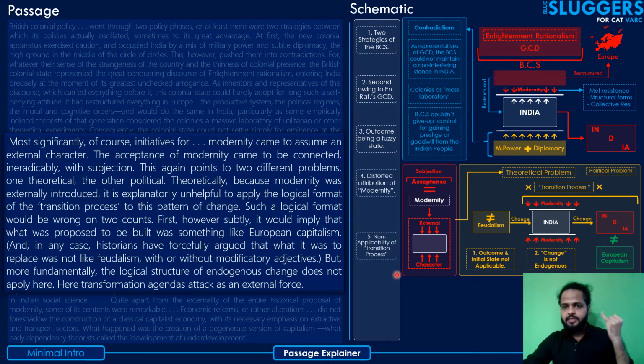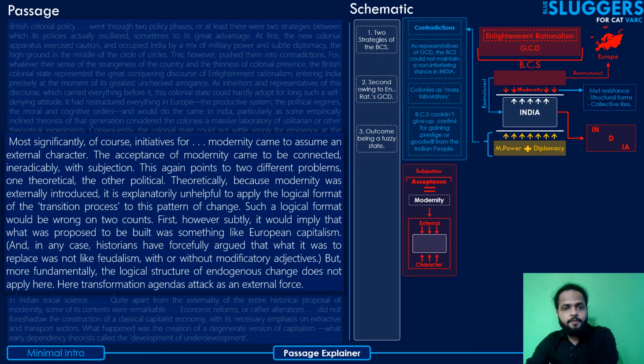They started associating an external character with modernity, and they started associating the acceptance of this modernity with the essence of getting subjugated by someone. That means if you're accepting this external idea of modernity, you're getting subjugated by a more powerful group or a more powerful person, right? So these are the two points that he mentions. Coming to the next part.